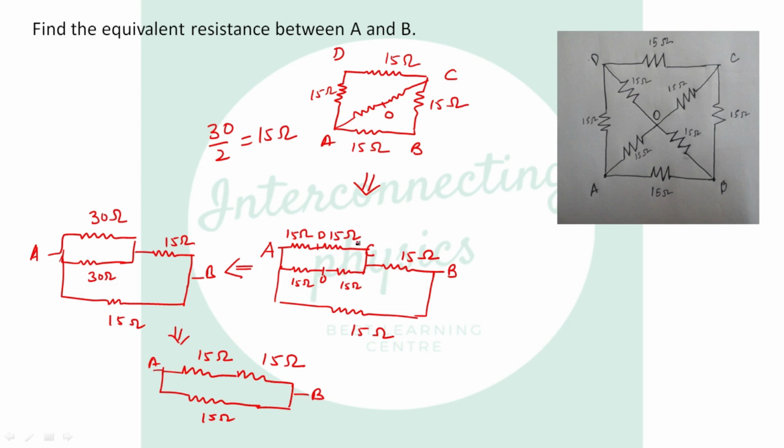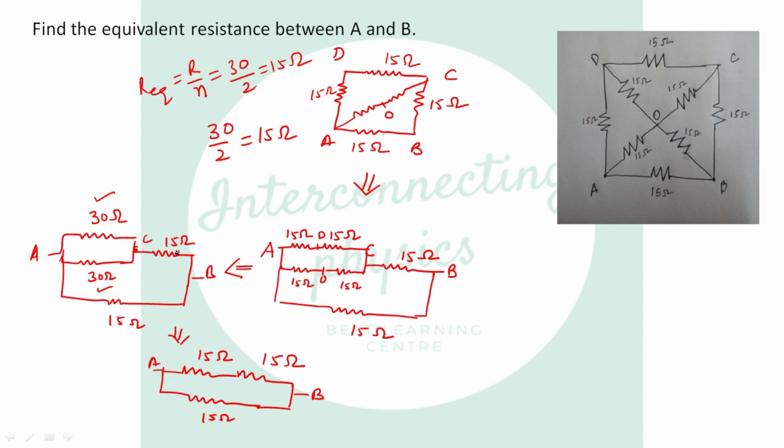Again I repeat, these two are in series, so 15 plus 15 is 30. These two are in series, again answer is 30, and this is point C. Now these two are in parallel, so equivalent resistance in parallel is R divided by N. R is 30, number of resistors 2, so answer is 15 ohm.